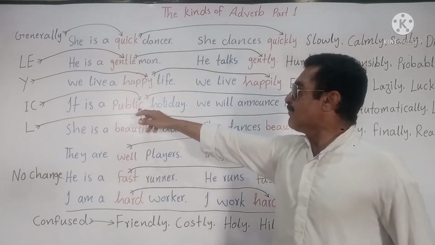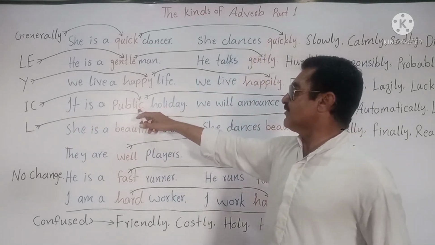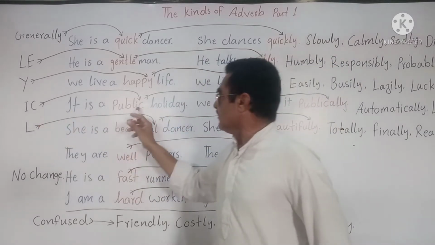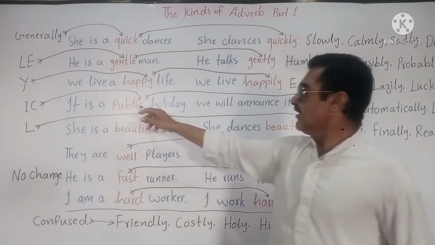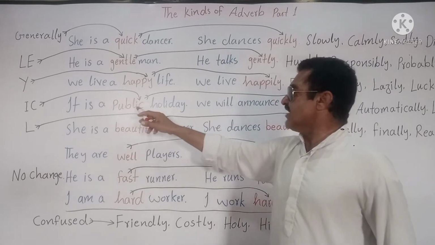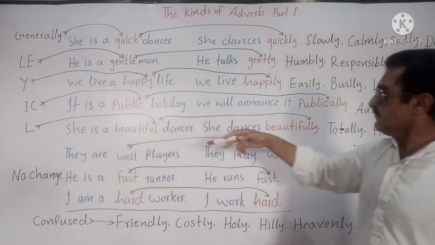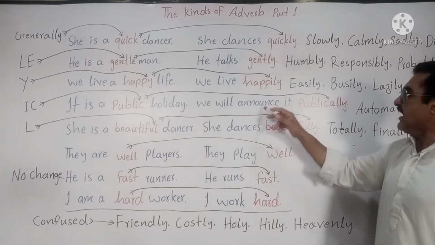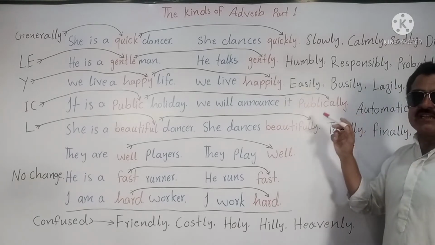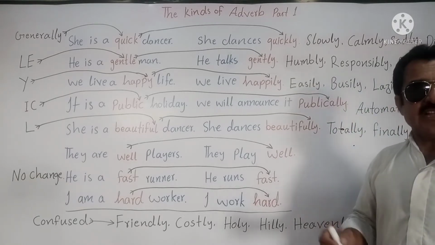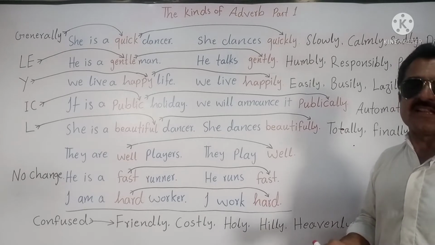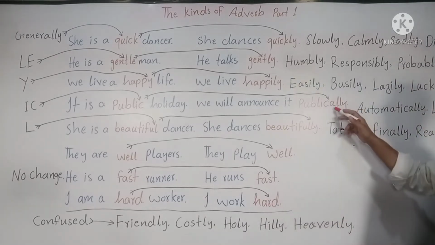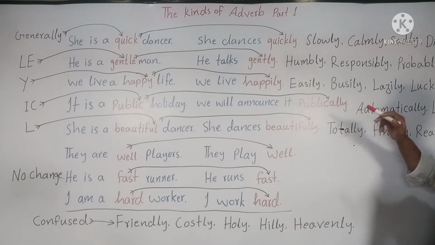It is a public holiday. Here, ic, this is an adjective. It is a public holiday, we will announce it publicly. You can see here, after c there is an a, there are two l's, one y.